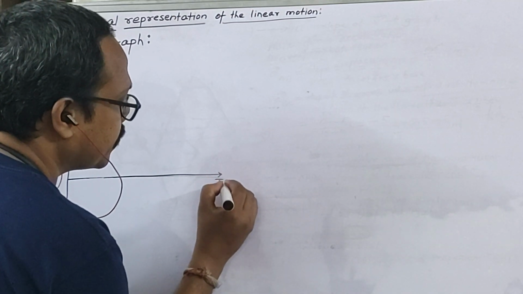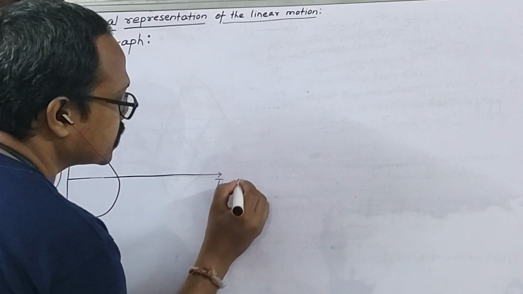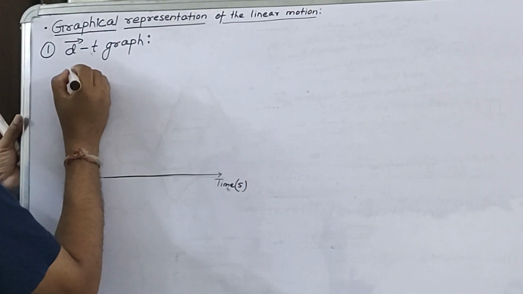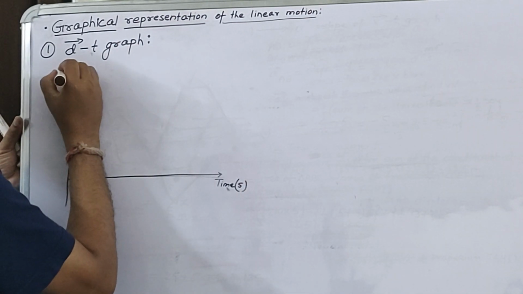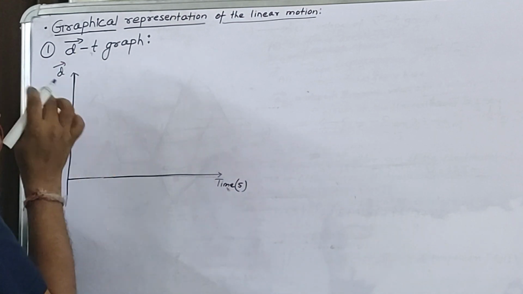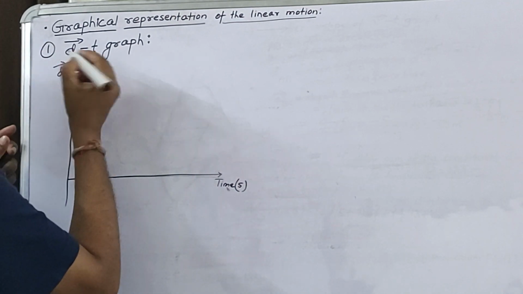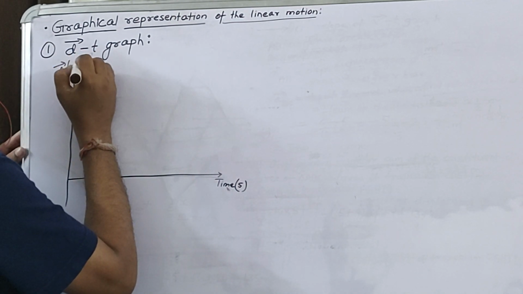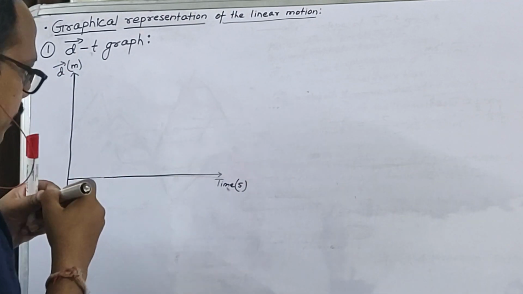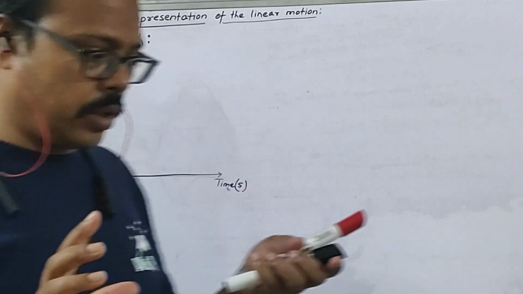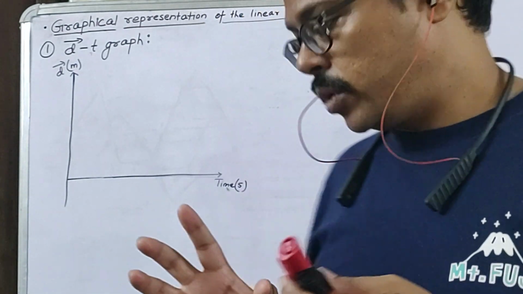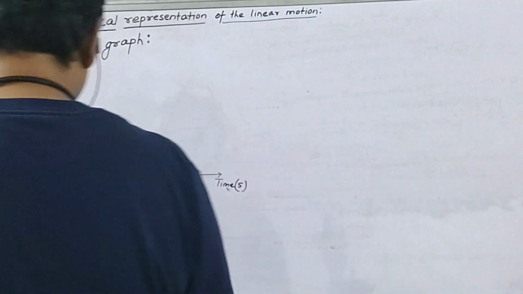So it's a displacement time graph. Time we are taking in seconds as a unit. Displacement, which we are representing by d with an arrow because it is a vector quantity, has SI unit meter. So we will try to draw different types of displacement time graphs.